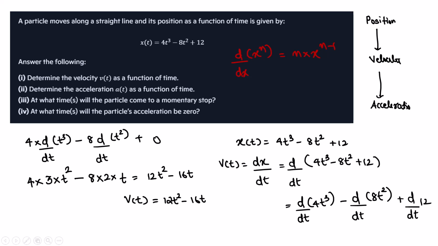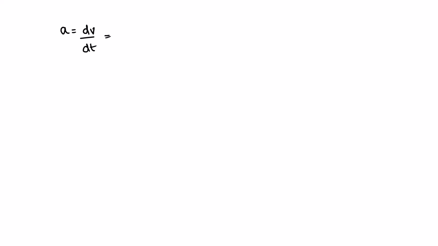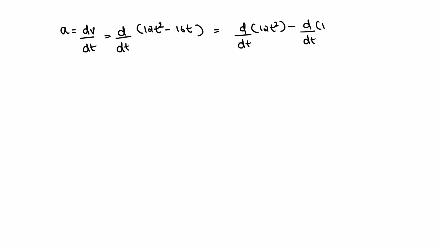Now we need to find acceleration as a function of time. Acceleration is equal to dv by dt. What is v? 12t square minus 16t. So this can be written as d by dt of 12t square minus 16t. We can separate it: d by dt of 12t square minus d by dt of 16t.